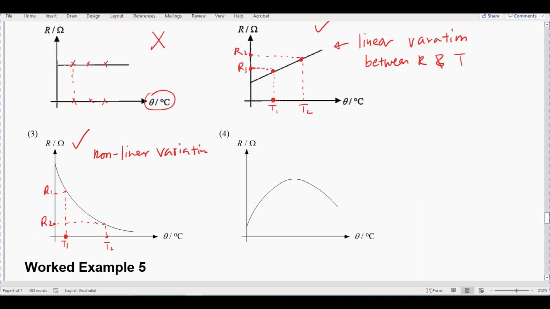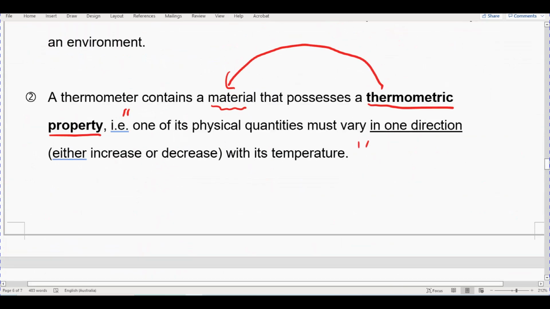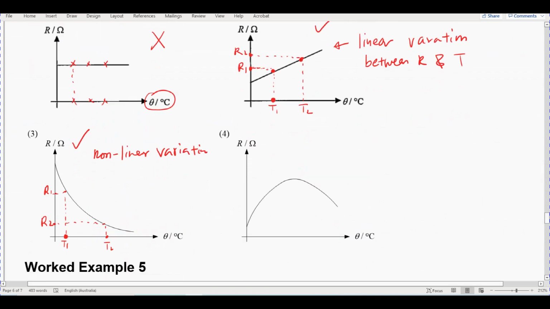How about number 4? The problem with number 4 is that it's not a one-directional trend. Remember the words we used: in one direction. In one direction means that when temperature increases, your thermometric property either increases or decreases, but you can't have both. You can't have it sometimes increase and sometimes decrease. Here, when temperature increases, sometimes resistance increases, but then it falls back.